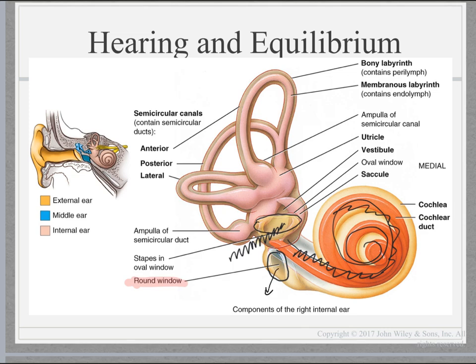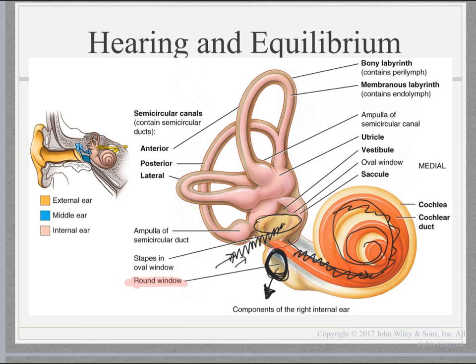So as the pressure waves come in this way and move through the cochlea, the displacement of water is going to be absorbed and bulged by no more than our friend here at the round window. So these guys are like two thin sheets, two thin membranes that work opposite. As the oval window bulges in, the round window bulges out, again absorbing the pressure exerted by the sound coming in.